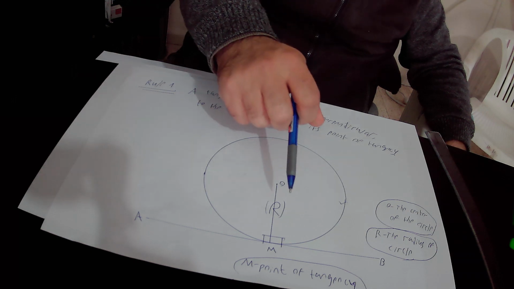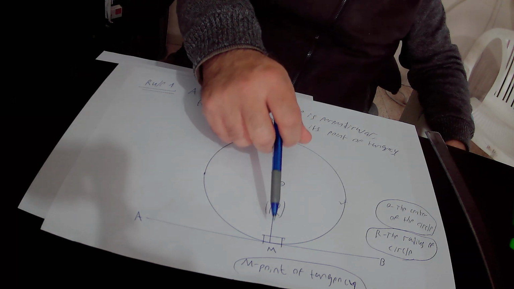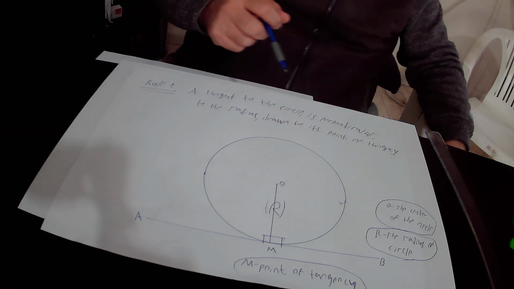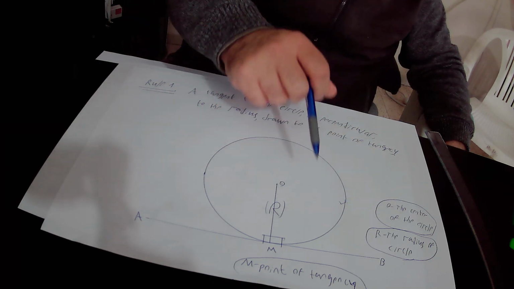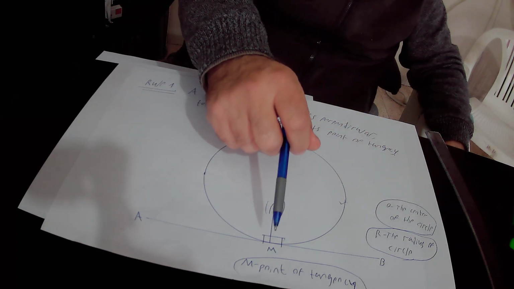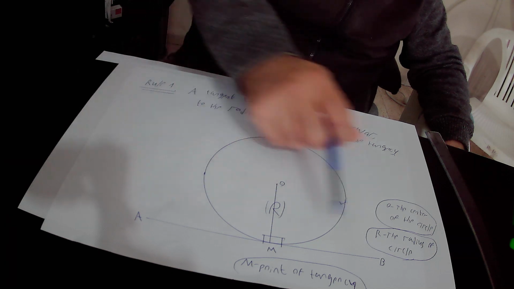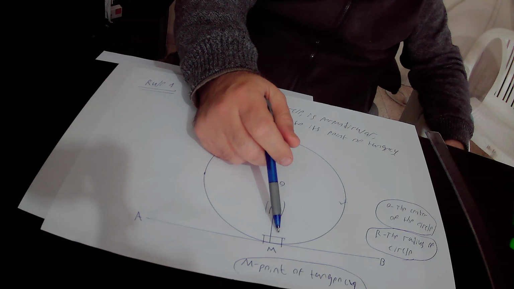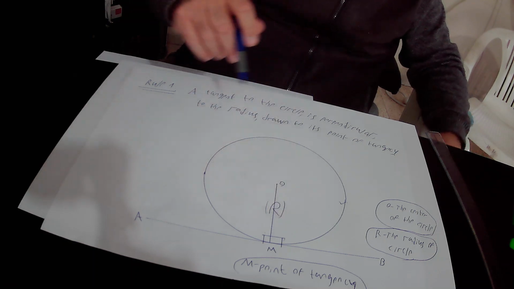The radius OM is drawn to point M, that is the point of tangency of tangent AB with this circle. And whenever you have a radius drawn to the point of tangency, then tangent AB will be perpendicular to the radius MO. If AB is perpendicular to MO, it means that this angle equals 90 degrees and this angle equals 90 degrees according to this rule number 1.